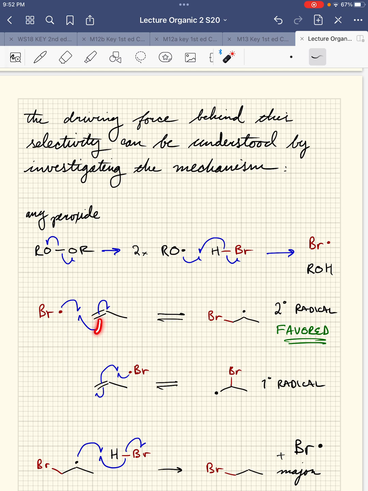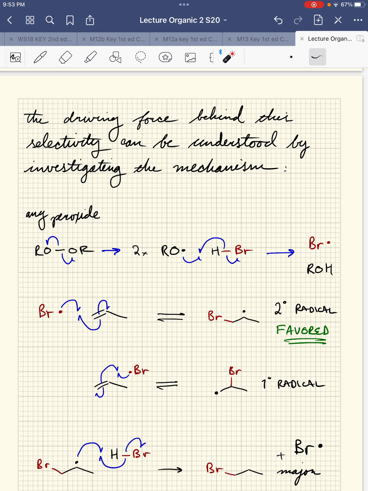The way this arrow is arced tells you that this bromine is forming a bond to this carbon atom, the arc pointing towards the atom that's forming the new bond. The radical intermediate then is this secondary radical intermediate. Alternatively, the bromine radical could add so it is bound to this central carbon atom. In doing so, this would be the primary radical intermediate that would result.